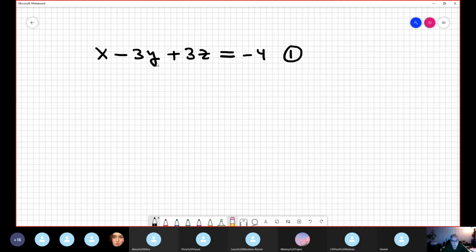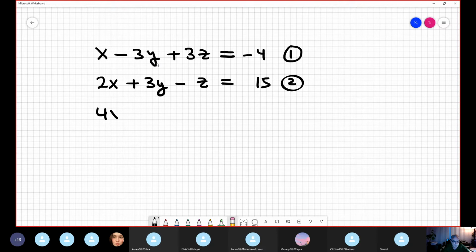We have 3 equations and 3 unknowns, x, y, and z. 2x plus 3y minus z equals 15, equation 2. And the last equation, 4x minus 3y minus z equals 19, equation 3.